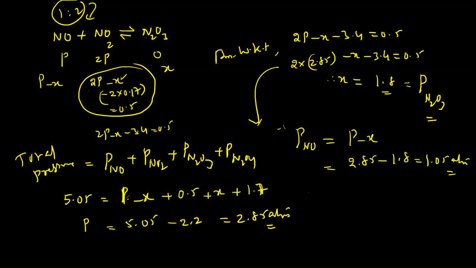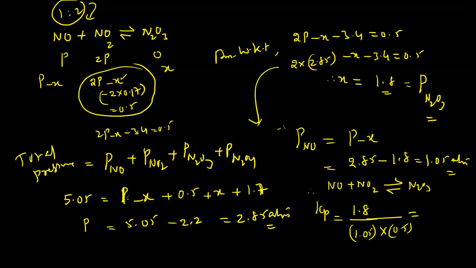Okay, therefore Kp for the reaction, what is the reaction? NO plus NO2 in equilibrium with N2O3, Kp is equal to partial pressure of N2O3, that is 1.8, divided by partial pressure of NO, that is 1.05, into partial pressure of NO2, that is 0.5.